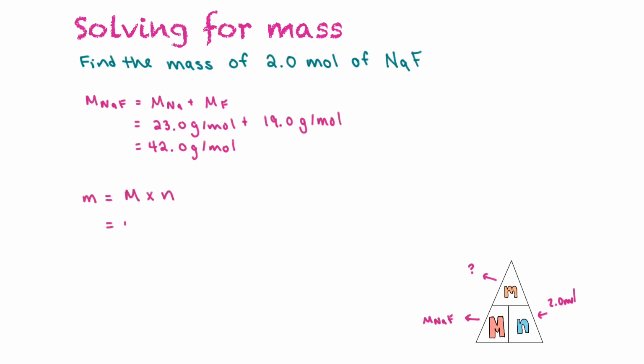So that would equal 42.0 grams per mole times 2.0 moles. And that will equal 84.0 grams. And that is how you find the mass if you know the moles and the molar mass.